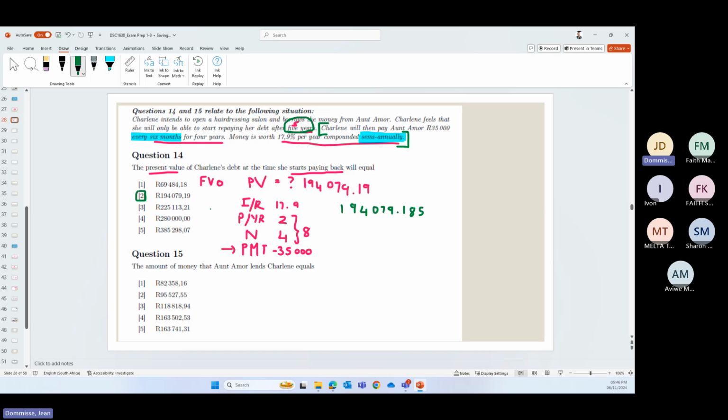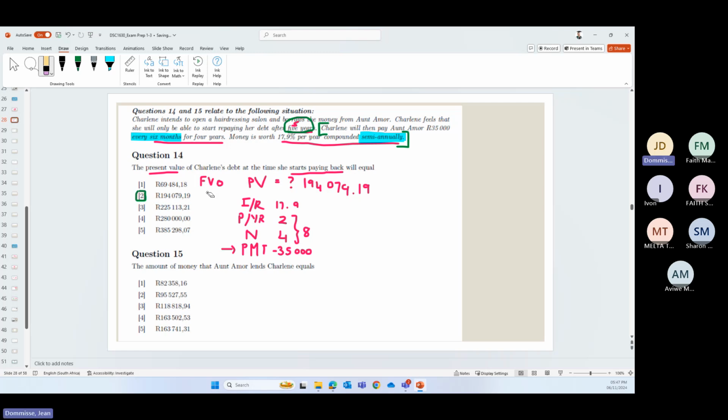They will not be silly and give you a number where, if you rounded it up or down, there will be both options for you. Sometimes they would even round it off to the nearest rand and not include the cents, but they will definitely not give you an option where it is 0.18 and an option where it is 0.19.